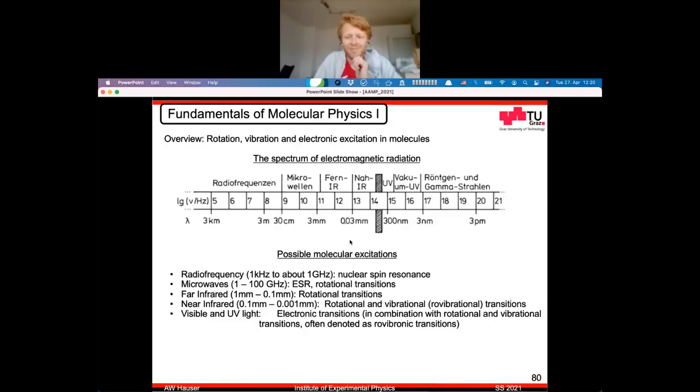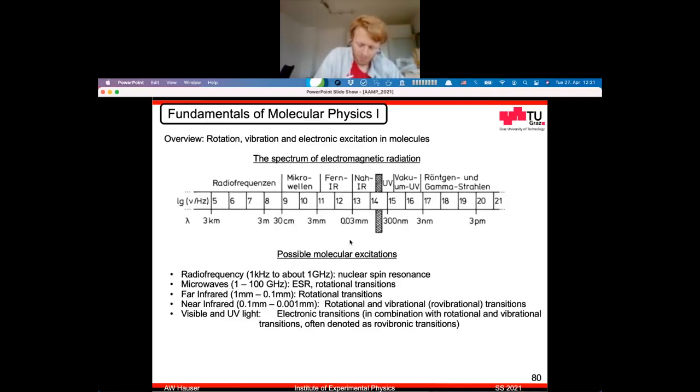Okay, so today we will be talking about theoretical molecular physics. So we will be entering a new perspective. I think I showed you this slide already. It's about the spectrum of electromagnetic radiation, and we were talking a bit about the possible internal degrees of freedom where we can deposit energy in a molecule or in a molecular system.